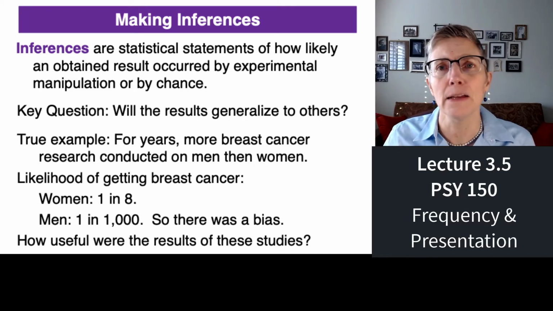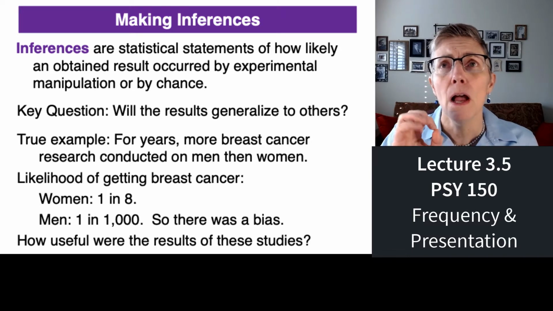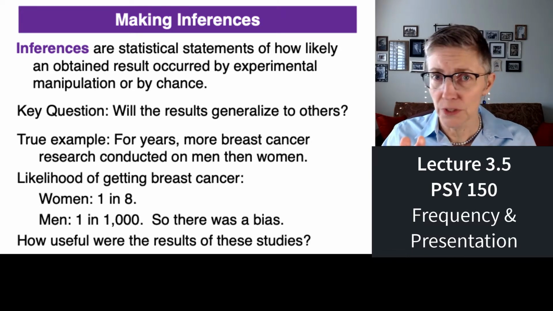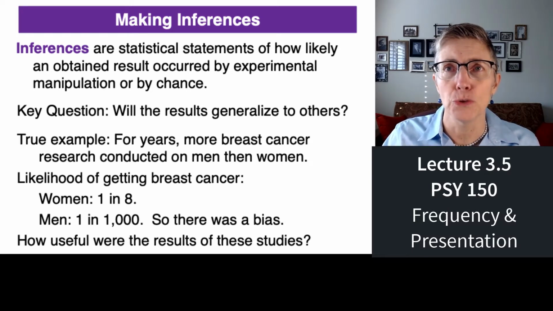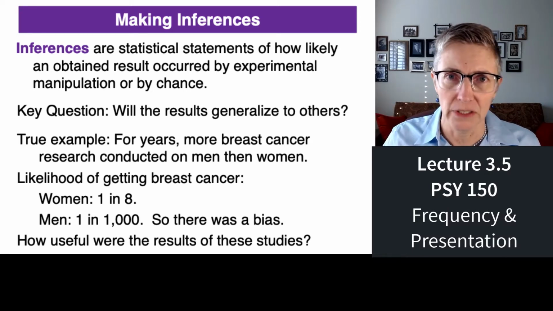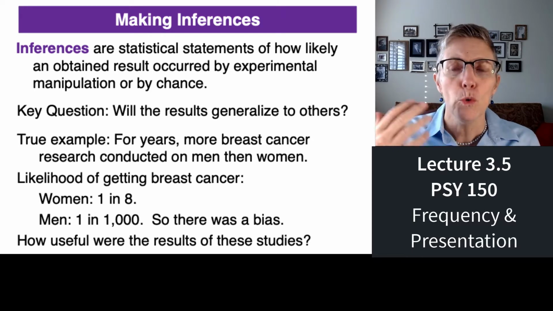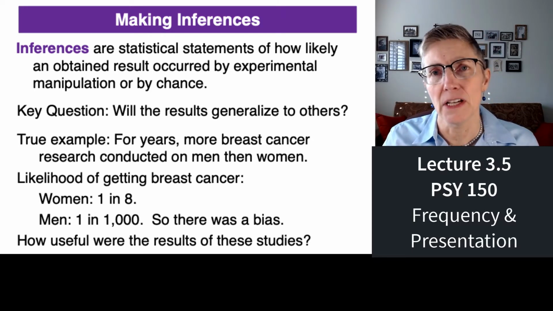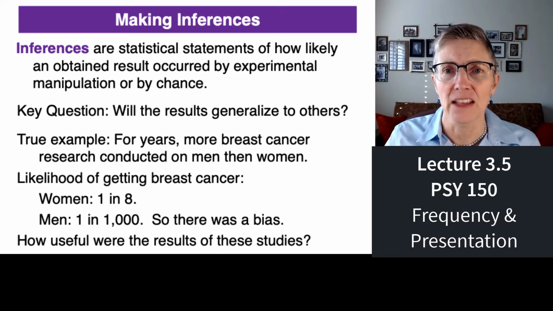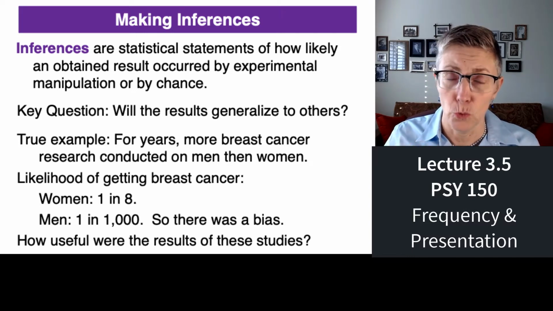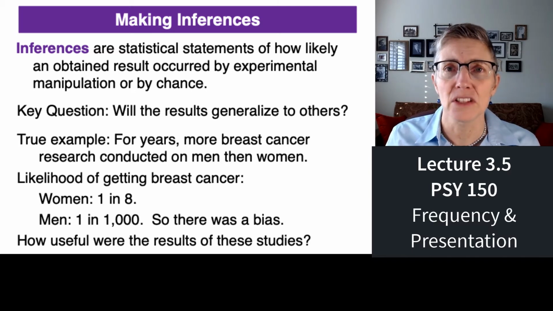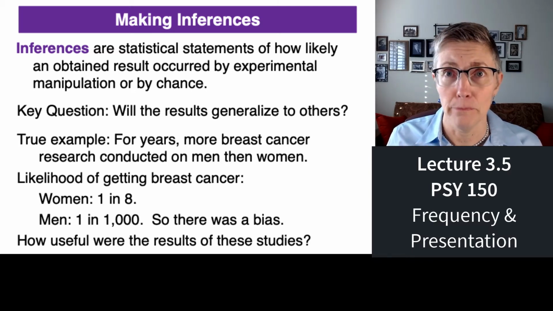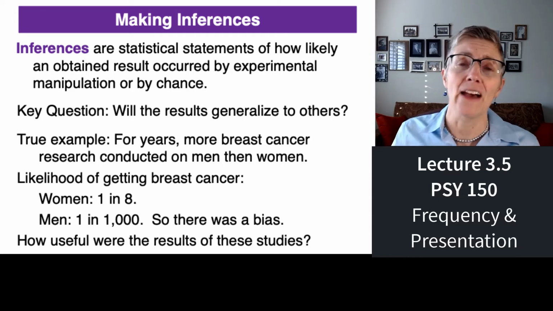I'll give you an example of research, rigorous research, that is limited in its inferential ability. We know that in a woman's lifetime, her odds of getting breast cancer are 1 in 8 or 1 in 9. Now, men get breast cancer too, but it's much less likely. 1 out of 1,000 men will get breast cancer when 1 out of 8 women will.